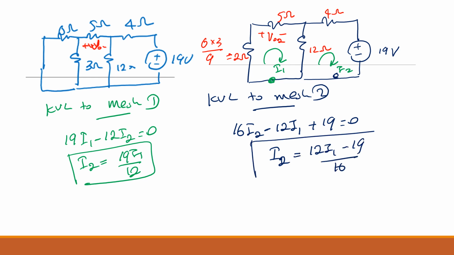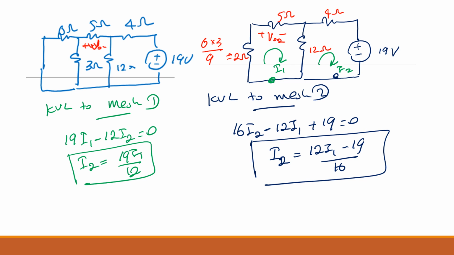So I got two values for I2. Am I right? Is that right up to here? Do you remember the mesh? Did you get the same? Did you use the mesh, or you can use any method? That's fine. But I will do this one with mesh.